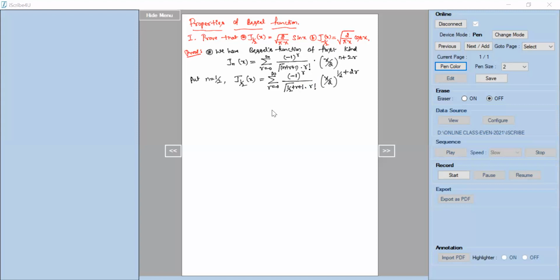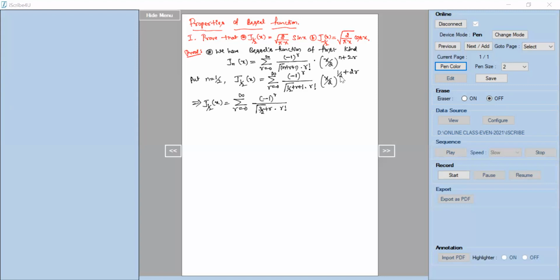Now let us simplify this. So J half of x equals sigma r equals 0 to infinity, minus 1 whole power r in the numerator, and let us simplify the denominator. Here gamma of half plus r plus 1: half plus 1 is nothing but 1.5, that is 3 by 2. You can write this as gamma of 3 by 2 plus r into r factorial.